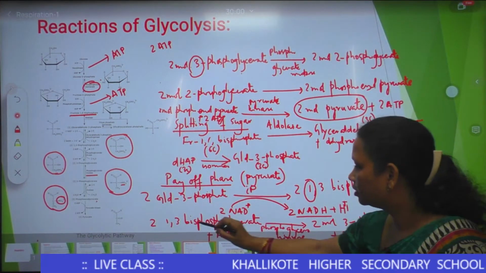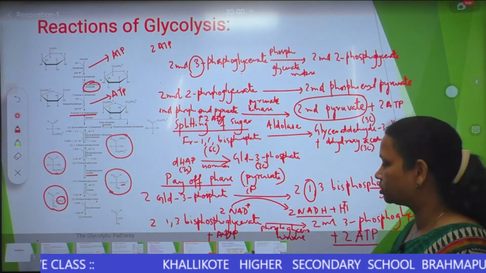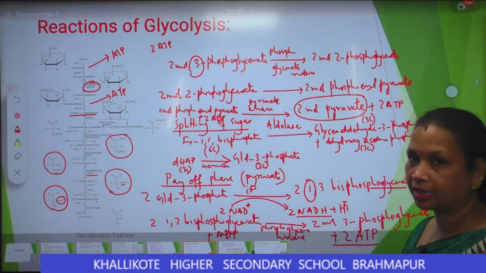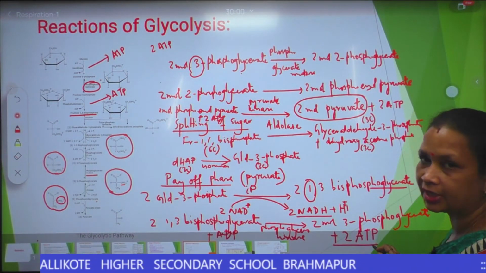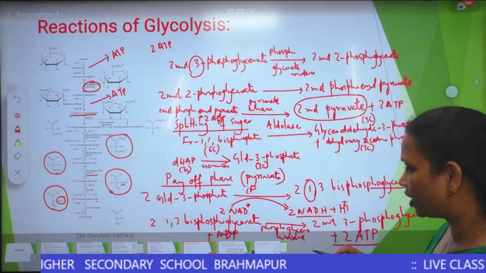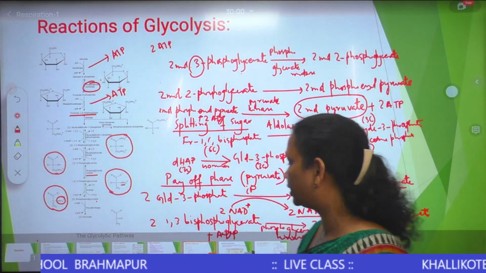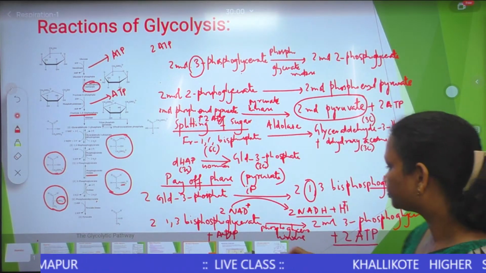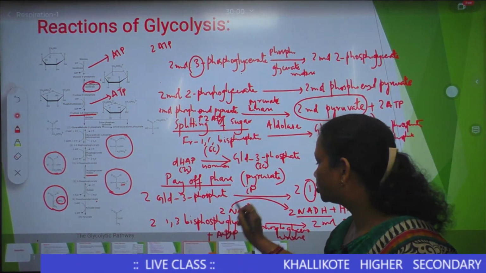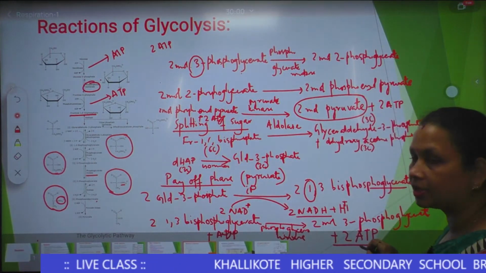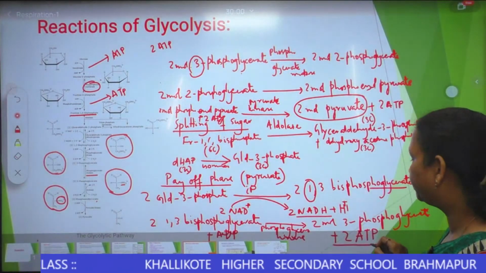Here again the first position phosphate is lost, it goes to ADP, becomes a molecule of ATP. So, as we have 2 molecules of 1,3-bisphosphoglycerate, the number of ADP used will be 2 and the number of ATP released will be 2.